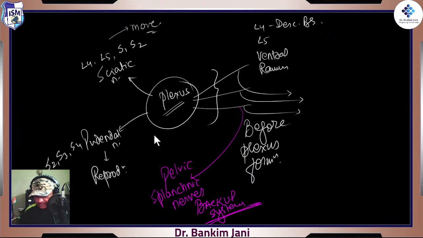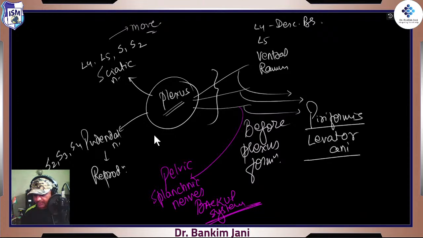And to whom is it giving before this plexus formation? It is giving to those important muscles. See, piriformis, very important, levator ani, coccygeus. So if anything goes wrong to the plexus, all of them will be spared.